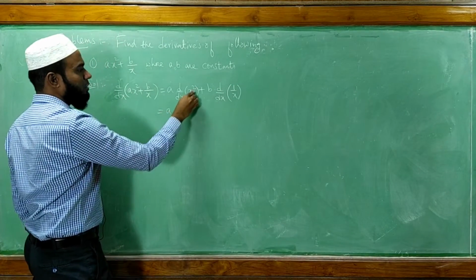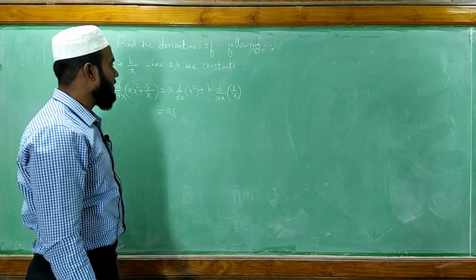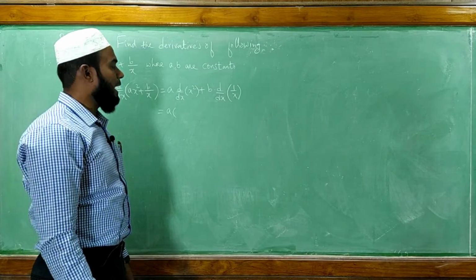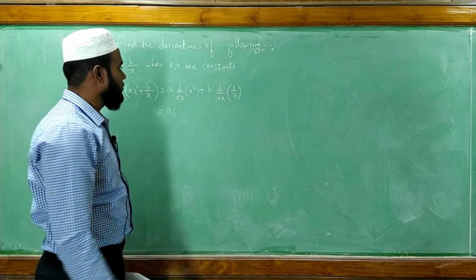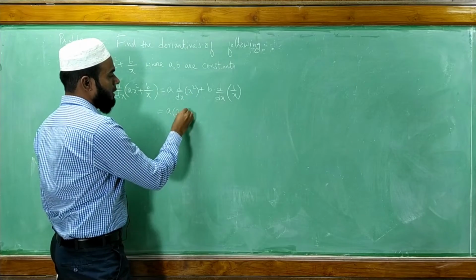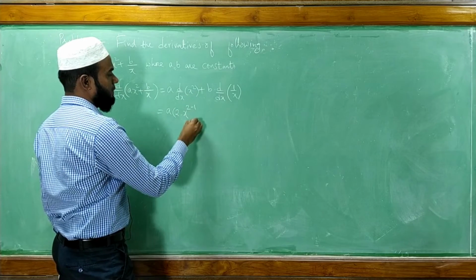A into derivative of x square, using derivative of x power n is n into x power n minus 1. So we have to use that formula. N means 2 into x power 2 minus 1, right?